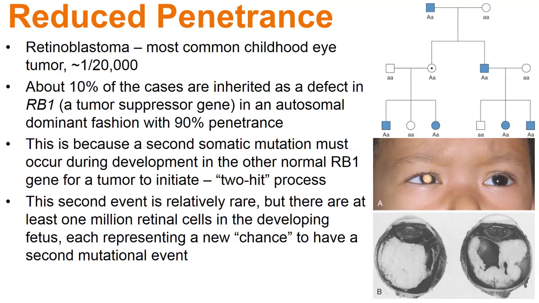Chances are, if you have that many chances, that you are going to knock out the retinoblastoma gene, the normal copy, in one or a few cells and end up with a retinoblastoma. But if you're extremely lucky, you could have a scenario where in those cell divisions you never get a knockout. So you can have people who inherited what should be the retinoblastoma condition who don't show the symptoms.